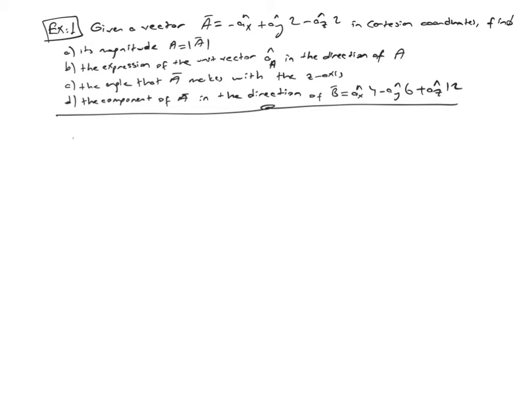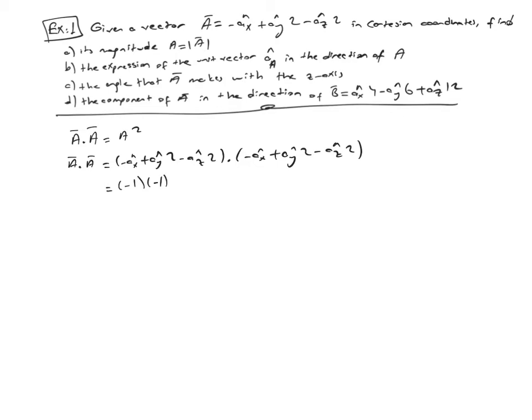So, and magnitude of vector A is equal to square root of 9 and it is equal to 3.